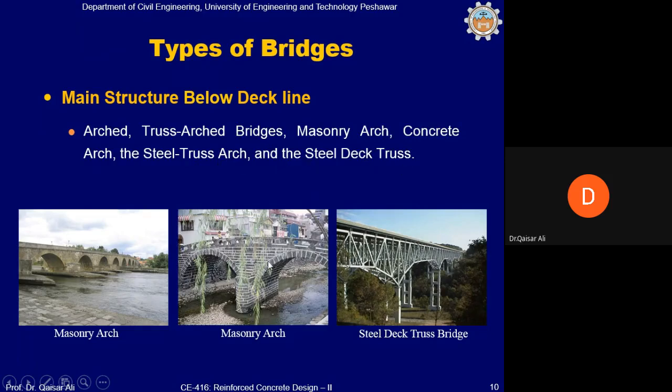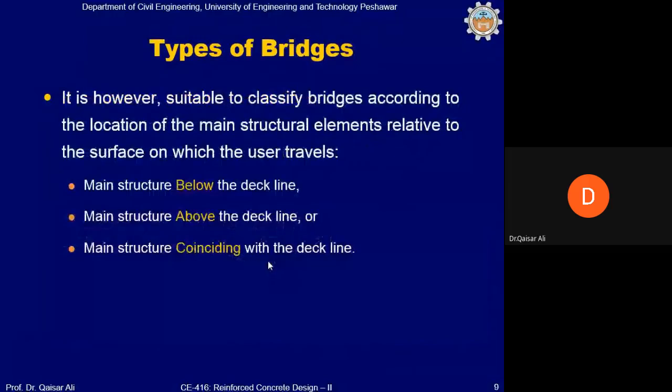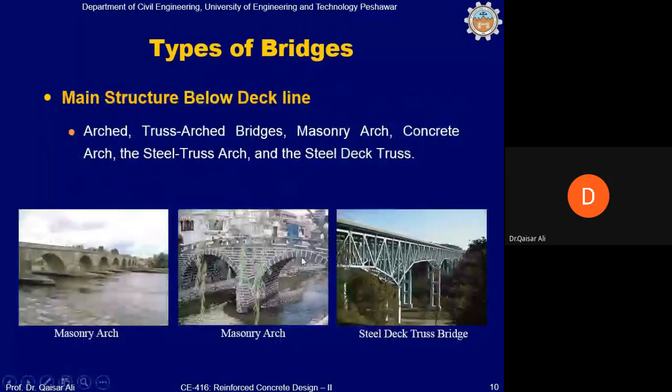So all types of truss bridges basically fall in this category, because in arches, the arches are provided below the deck. So as you have seen in the previous slide, if the main structure is below the deck line, the main structure is this arch which supports the surface on which the user travels.